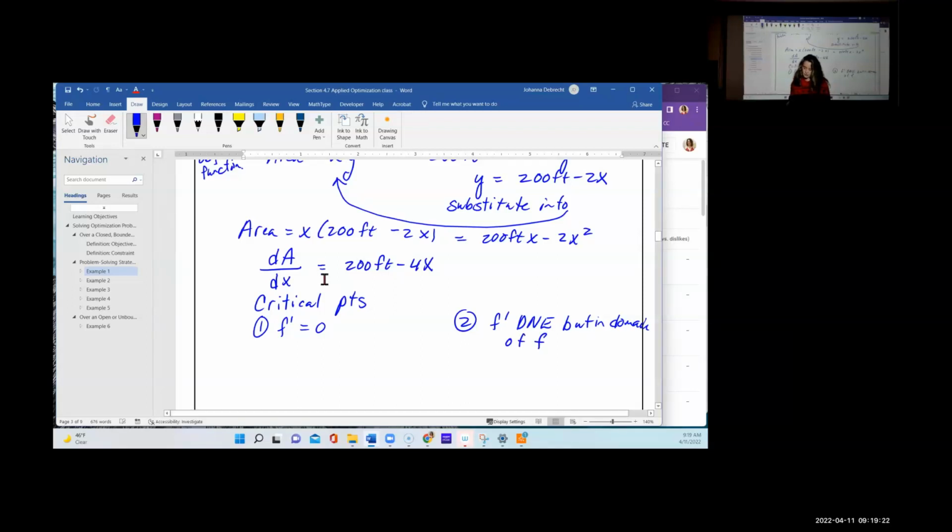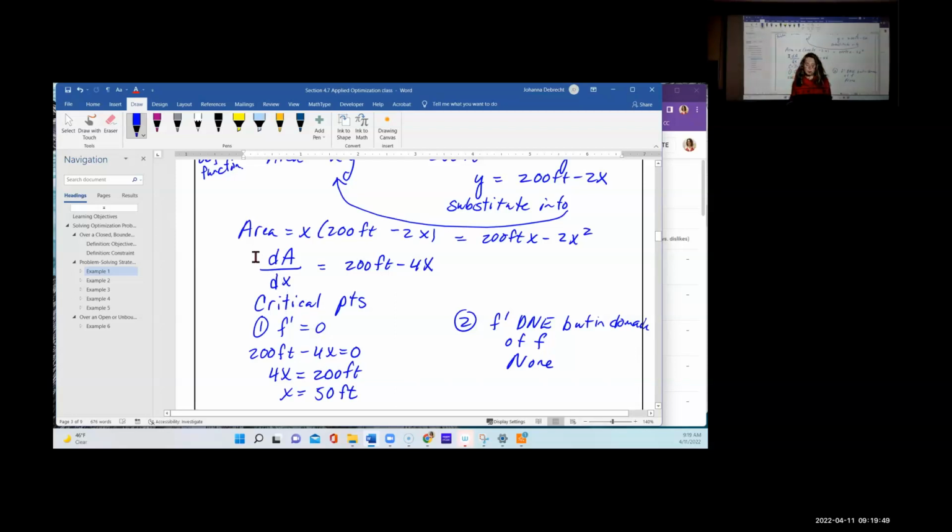Now, our first derivative exists for all values because it's polynomial. So we have none of type 2. And for type 1, we take 200 feet minus 4x, set it equal to 0. So 4x is 200 feet, or x equals 50 feet. So we only got one critical value.